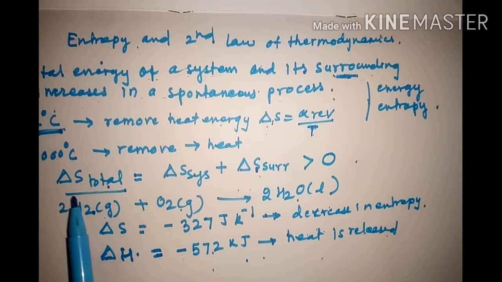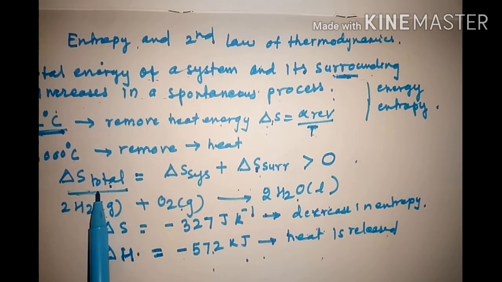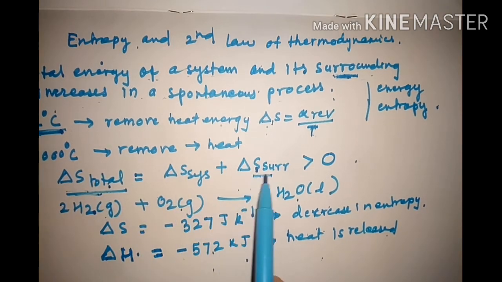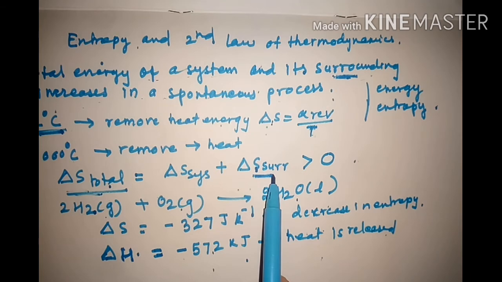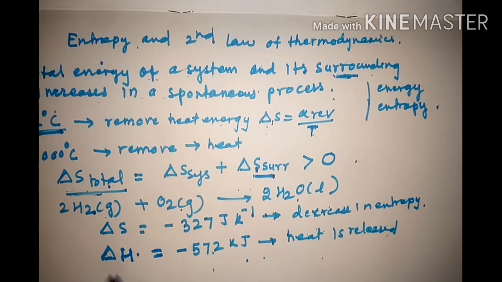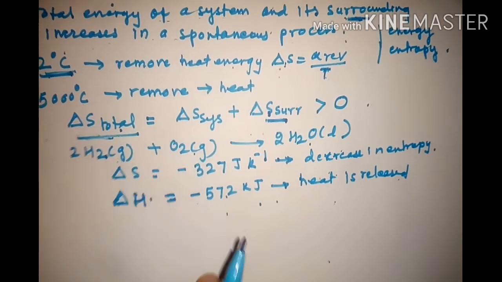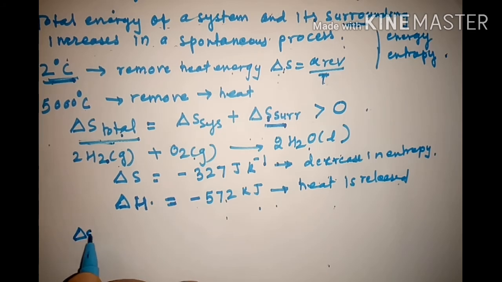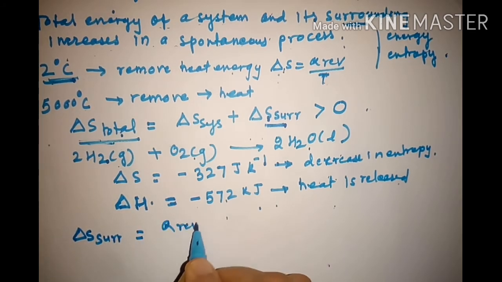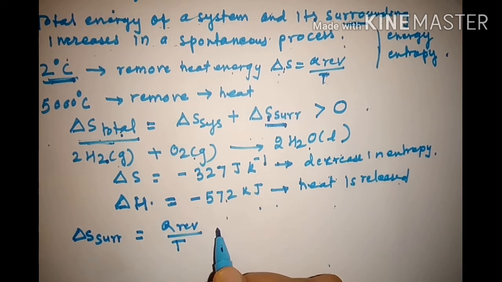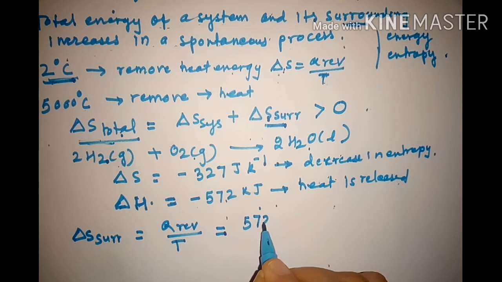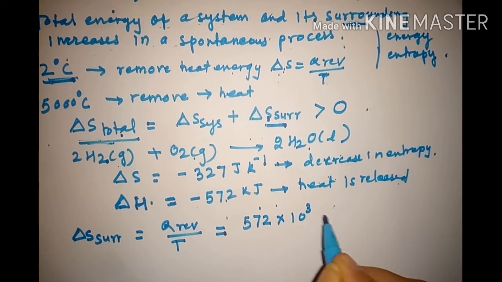So when you want to know the total entropy change, you will have to take into account the entropy of the surrounding also. Delta S surrounding can be written as Q reverse upon T, which is equal to 572 into 10 raised to 3 joules.